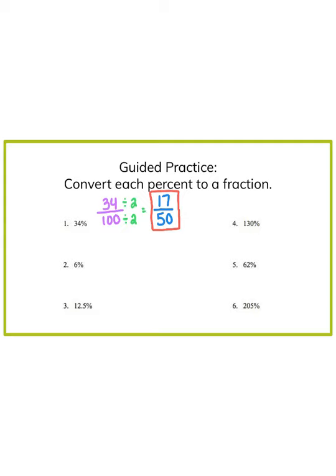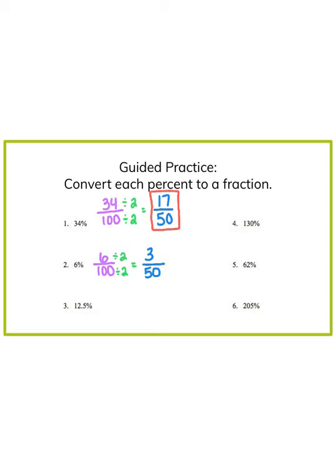Next, let's convert 6% to a fraction. So I'm going to put 6 over 100. Again, I notice that both of these numbers are even numbers, so I can divide both of them by 2. When I do that, 6 divided by 2 is 3, and 100 divided by 2 is 50.